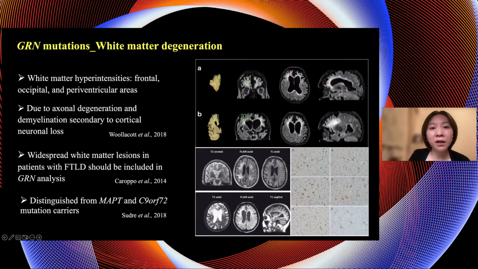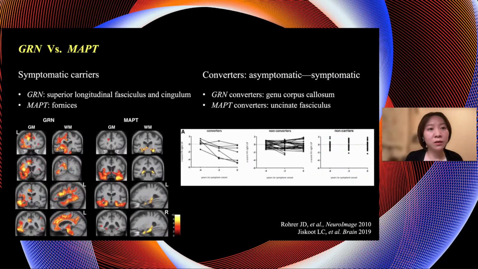In the clinical cases, we saw white matter degeneration here, and we can also see white matter lesions in the pathology. There is cortical neurolosis, and the axon degeneration and demyelination are secondary to the cortical neurolosis.